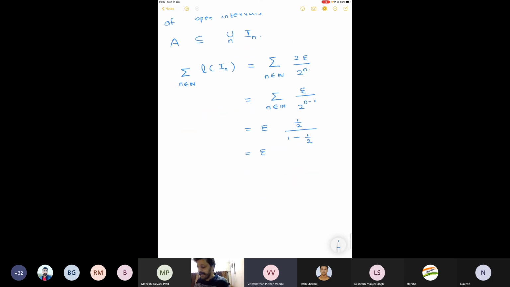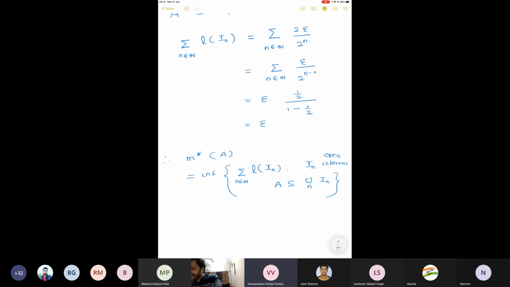Therefore, m star of A, which is by definition the infimum of all such quantities. Let me write so that you can recall once again the definition. Infimum of the sum of length of In, where the In are open intervals, and A is contained in the union of In. This is the definition. Since it is by definition an infimum and one of them becomes epsilon, m star of A will be less than or equal to epsilon.